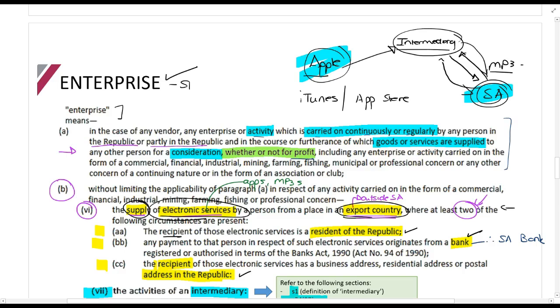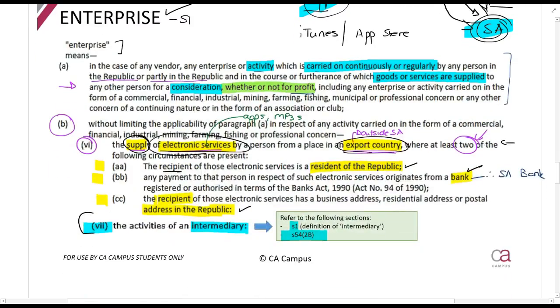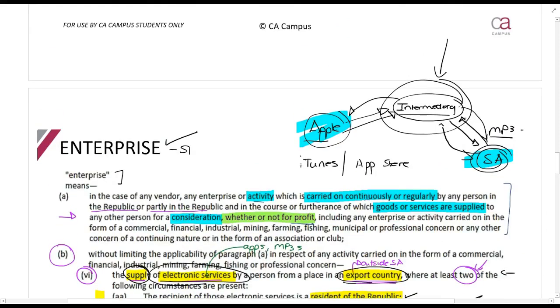Apple then charges the intermediary for the app, and the intermediary charges them a service fee, 10%, let's say. This intermediary over here is carrying on an enterprise. That's what it says over here. So that means this intermediary, when they invoice the South Africans, will have to charge VAT.